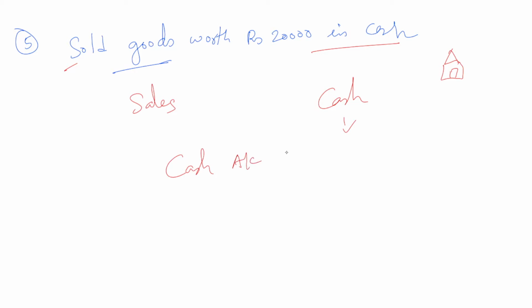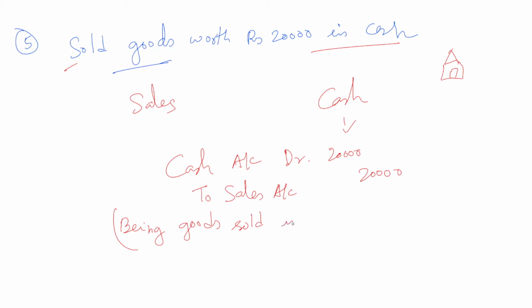Cash account debit 20,000 to sales account 20,000. So it is a cash transaction. Being goods sold in cash. There is nothing so tough, it's an easy journal entry.